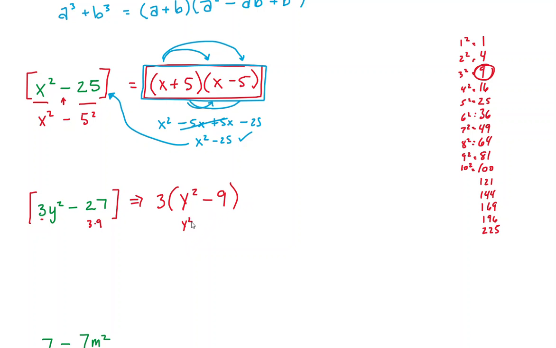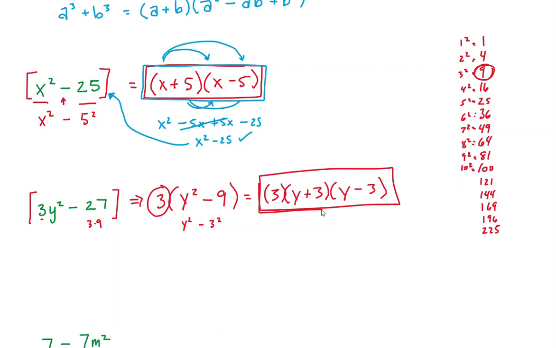This is y squared minus 3 squared, so we write y plus 3 times y minus 3. And then don't forget the 3 that we factored out at the beginning. That's also one of the factors, and so we have that separate. So 3 times y plus 3 times y minus 3. That's the complete factorization. It's actually 3 factors for this binomial.